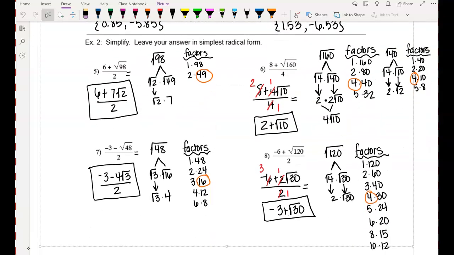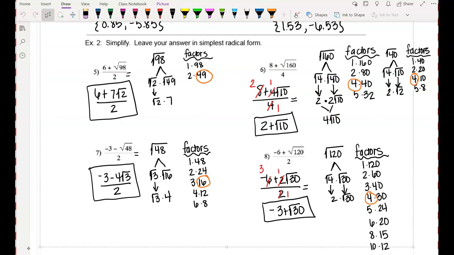And then we talked about simplifying radical expressions, where not only did we have to simplify the radical, but then we had to incorporate it with the other numbers there. Sometimes we could reduce like we did in number 6 because 4 went into 8 and 4. But other times we couldn't reduce like 5 and 7, because even though on number 5, 2 goes into 6, 2 doesn't go into 7.